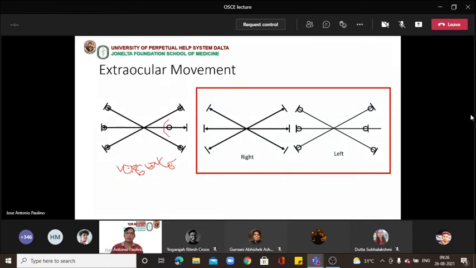If you notice, this one is limited. So the left lateral rectus does not move until the end. So we test if the problem is really the right eye or the left eye. It is very possible that even if the left lateral rectus is the one that's not moving, it may be a problem of the right medial rectus.